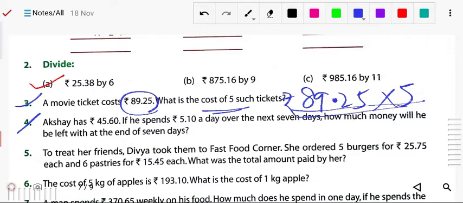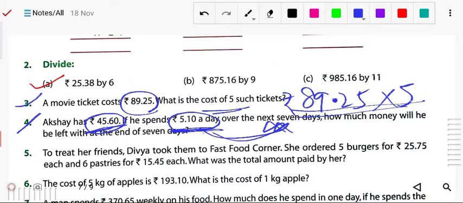Means total amount with Akshay is 45 rupees 60 paise, and each day he is spending 5 rupees 10 paise, and he is spending for 7 days. So after spending 7 days, how much amount is left with him, that we have to find.